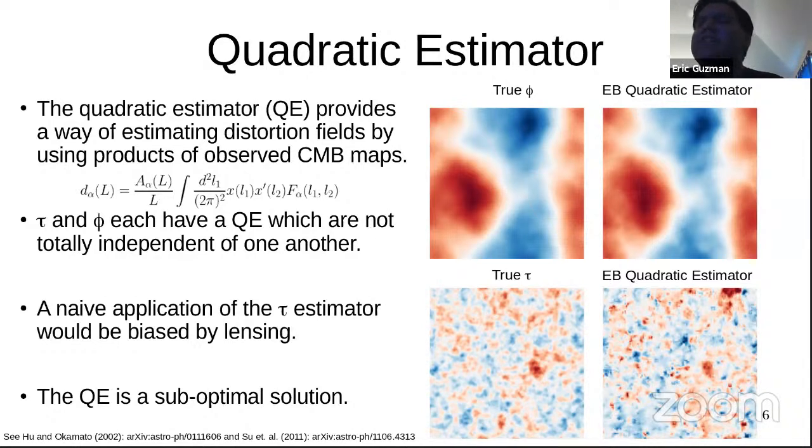And so the quadratic estimator is a suboptimal solution.